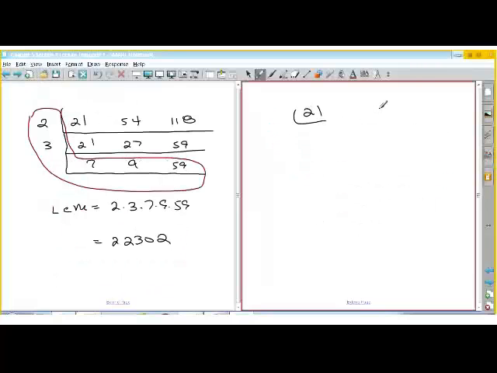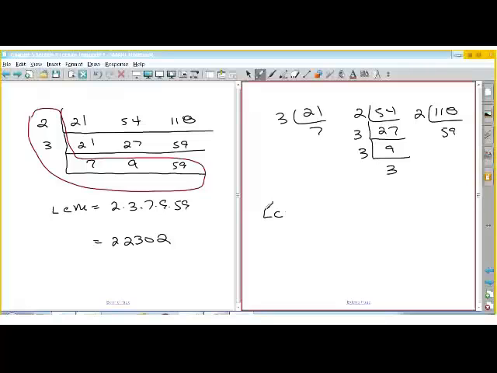And we could check it. Let's do it the other way. So if we were to do the prime factorizations of each one of these, this one has a number of terms, but this one only has 2 terms, 2 and 59.